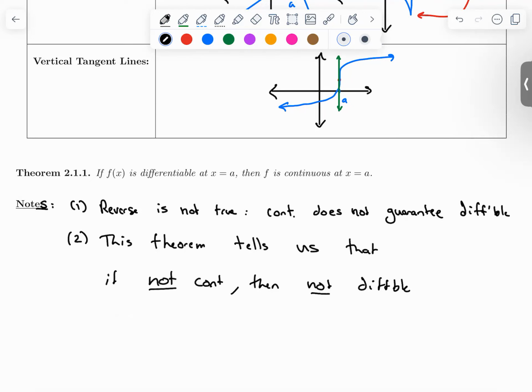So if not Q, not continuous, then not P, not differentiable. That is the way we use that statement in particular: if it's not continuous, then it's not differentiable, which we saw up above in that first row. So if you're not continuous, then you're automatically not differentiable.